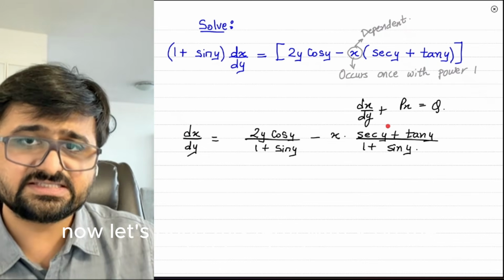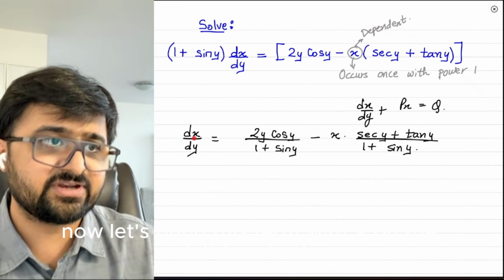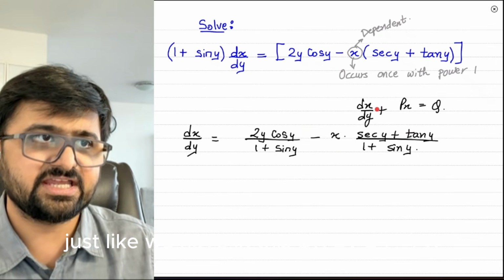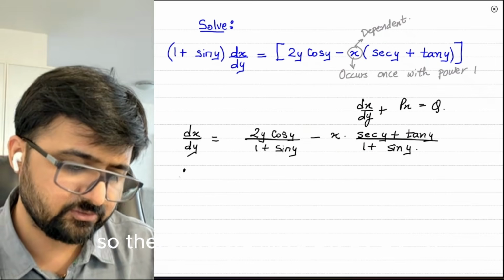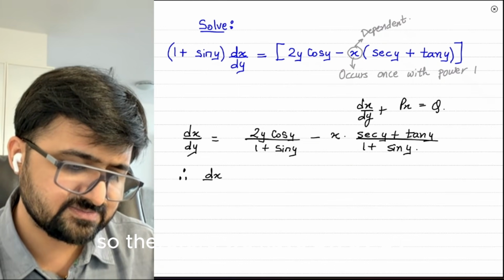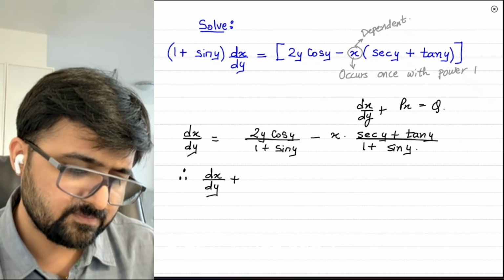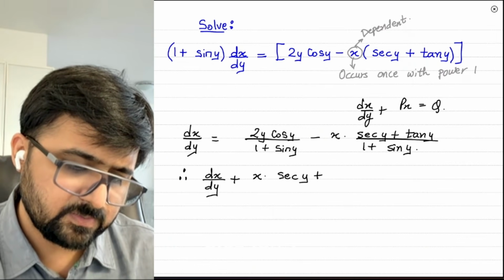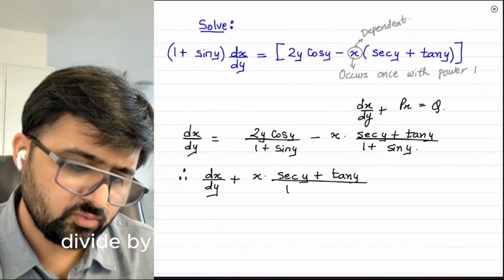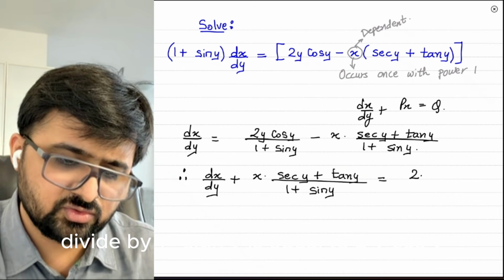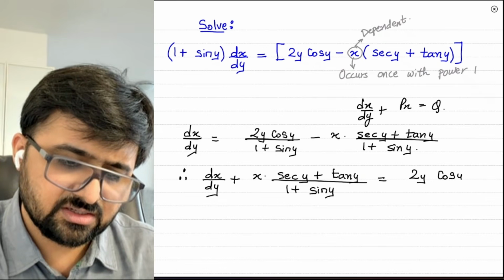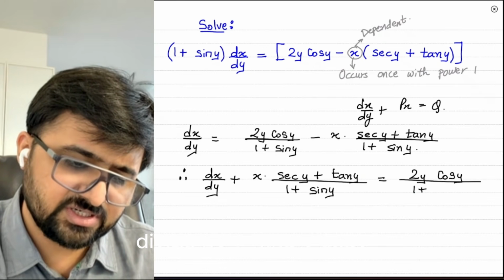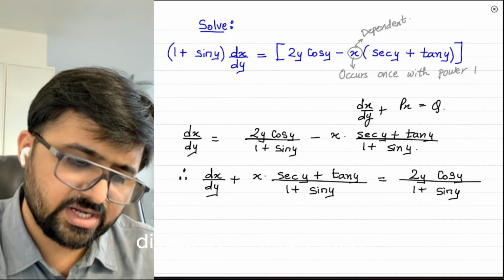Now let's bring this term with x to the left hand side, just like we have in dx by dy plus px. So we have dx by dy plus x times (sec y plus tan y) divided by 1 plus sin y is equal to 2y cos y divided by 1 plus sin y.